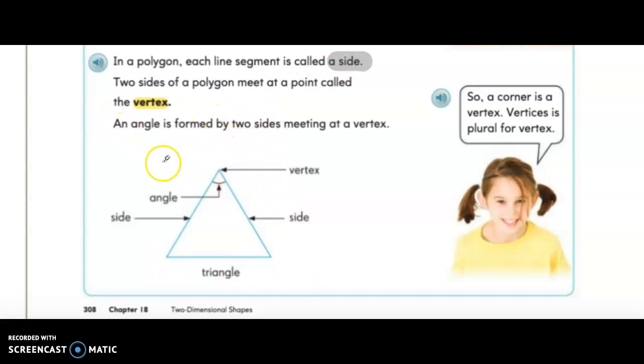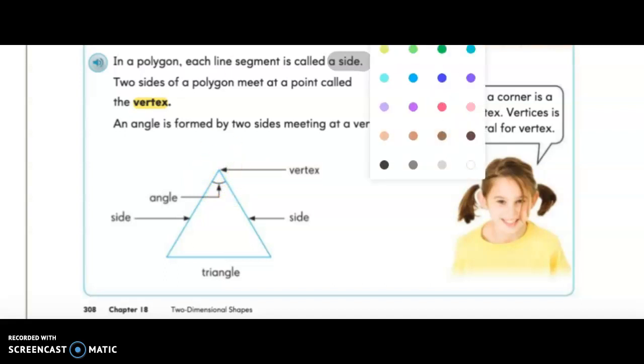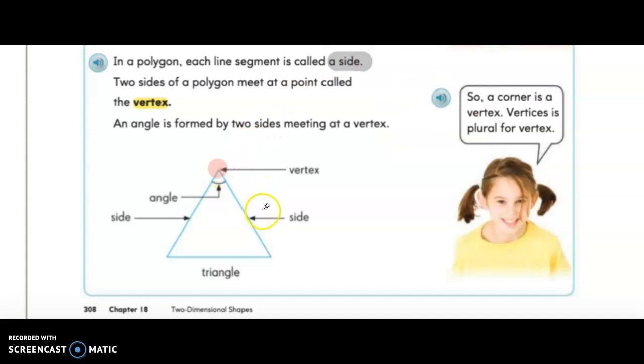Now, this is a very important example to pay attention to, okay? So we talked about the angles in your quick check yesterday. So the angle is this area where those 2 lines meet. The vertex, though, is like that corner, okay? So once you find that corner piece right there, that is our vertex.